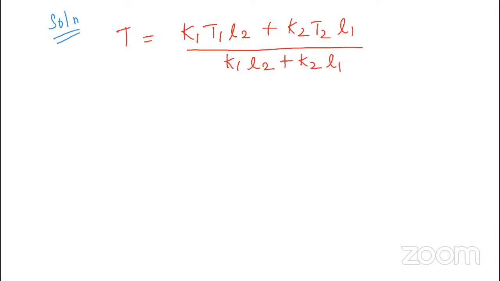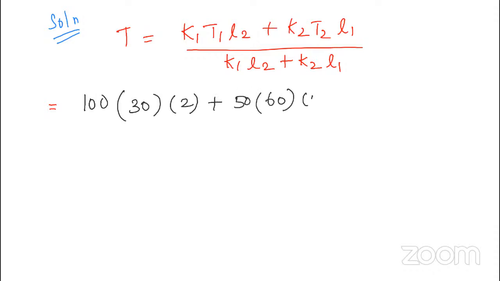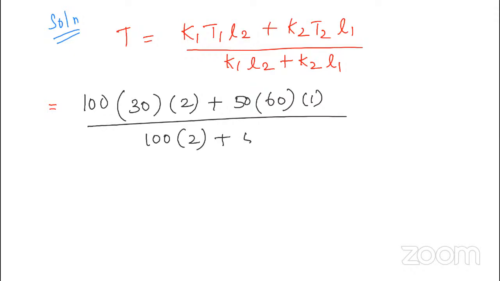Let us substitute all the values: K1 is 100, T1 is 30, L2 is 2, plus 50 into 60 into 1, divided by 100 into 2 plus 50 into 1.